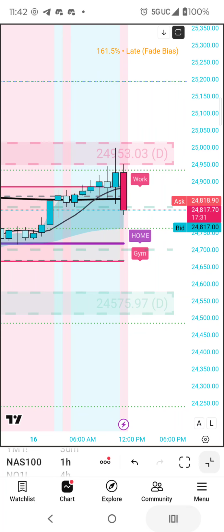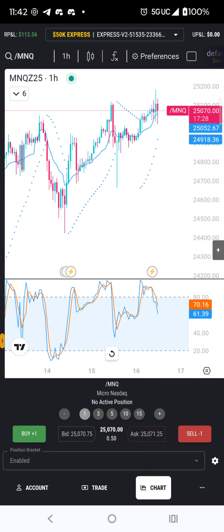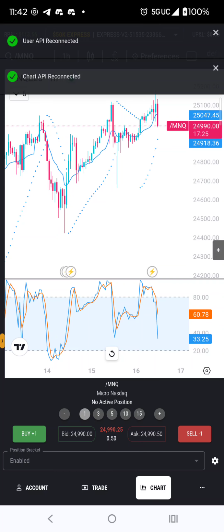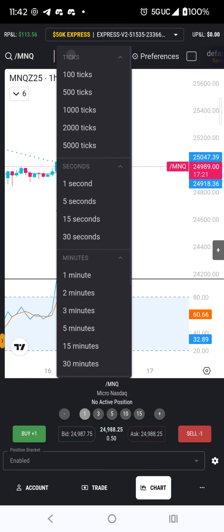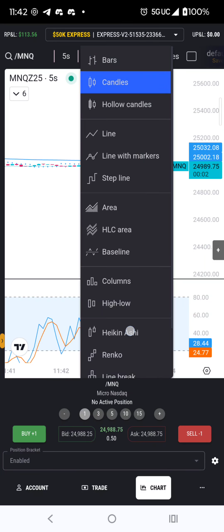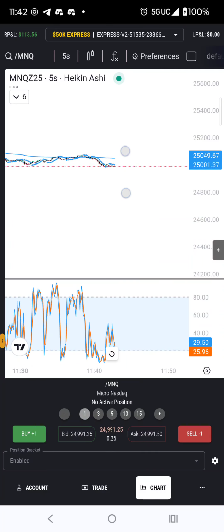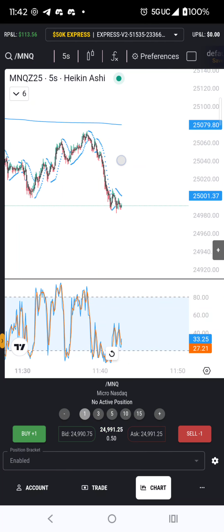So let's head back over here. Look at that, right? So if we were watching, we would have seen what we would have seen. That's what it would have looked like. Again, we didn't want to get caught up in the buys. What did it do?